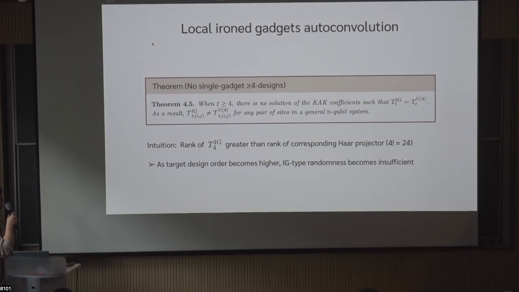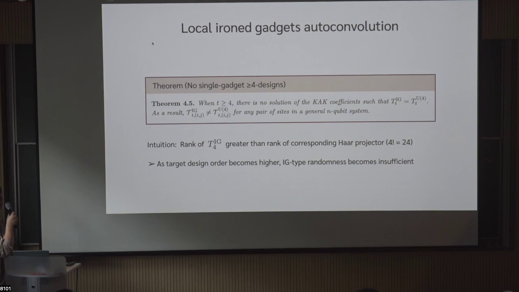The intuition is just to count the rank, or effective dimension, of the corresponding Haar measure moment superoperator. For t greater than 3, we can show that the effective dimension provided by the single gadget structure is not sufficient.